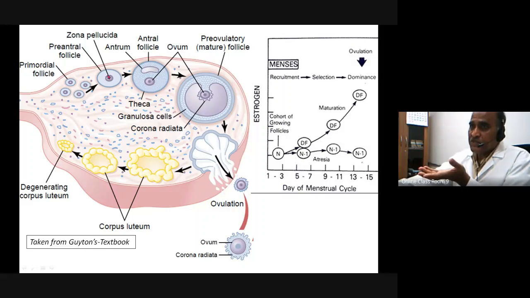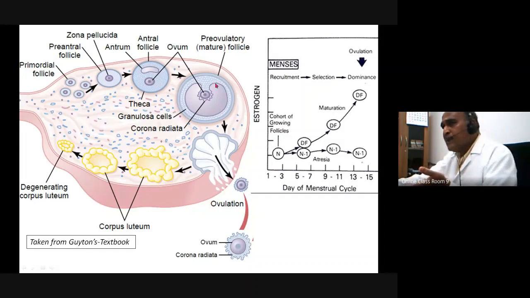That is eccentric placement. To start with, you have the ovum here in the center. Slowly, because of the antrum, it is pushed to the side, and when the antrum becomes large, it is pushed eccentrically to one side. Then there is pressure from the antral fluid, which contains prostaglandins and proteolytic enzymes.